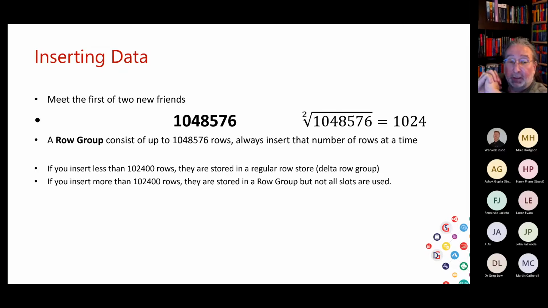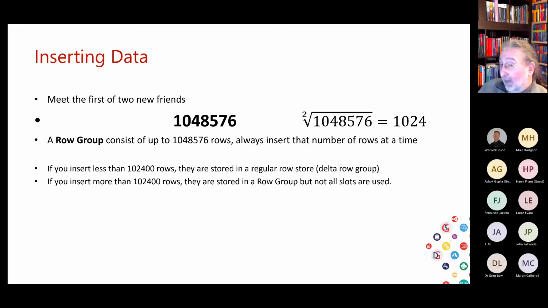If you insert more than 102,400 rows at a time, let's say 500,000 rows, then an actual row group is created, but not all the available slots in that row group are used. That doesn't take up any extra space, but it prevents SQL Server from efficient compression. Put it this way: 2 row groups of 500,000 rows take up more space than 1 million.